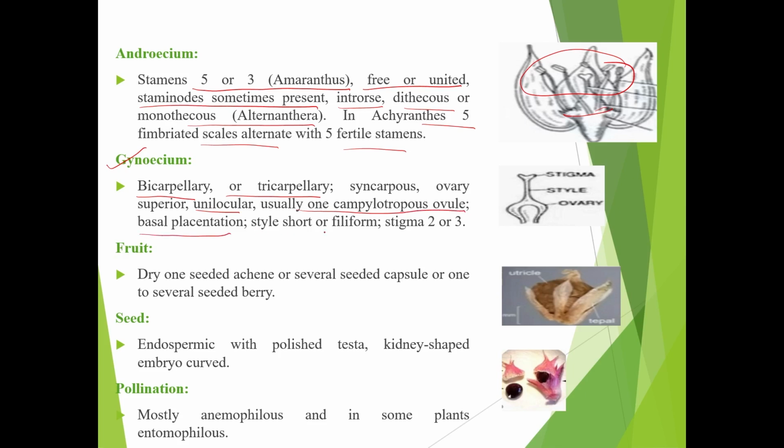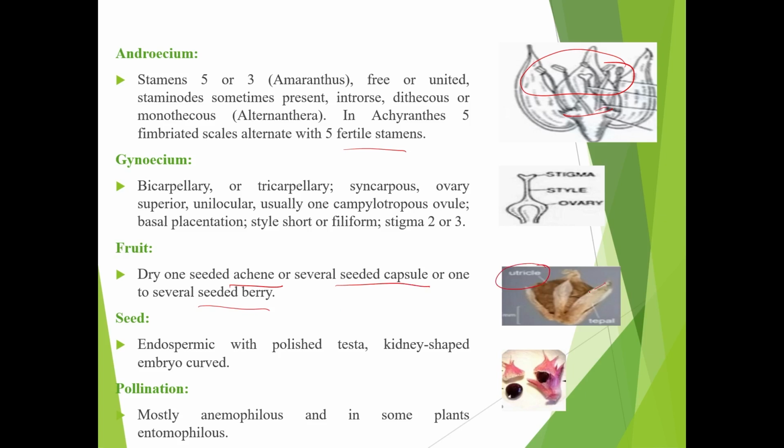The style is very short or filiform, as you can see, and the stigma may be 2 or 3 depending upon the number of carpels in this particular group. And the fruit of this particular group of plants is mainly a dry indehiscent achene, and sometimes it may be a several-seeded capsule or a several-seeded berry. As you can see, the fruit of this group is also called the utricle.